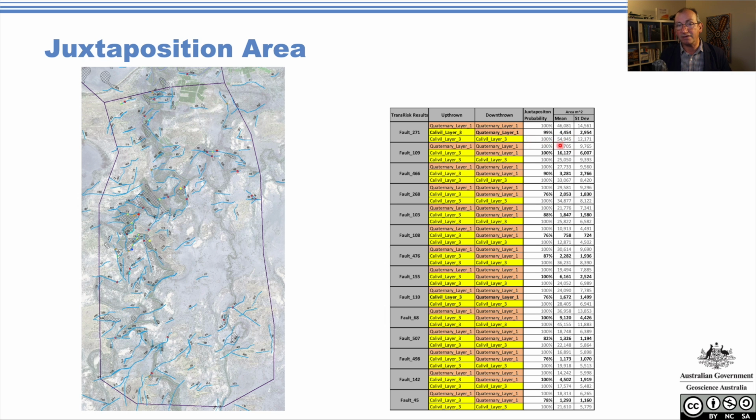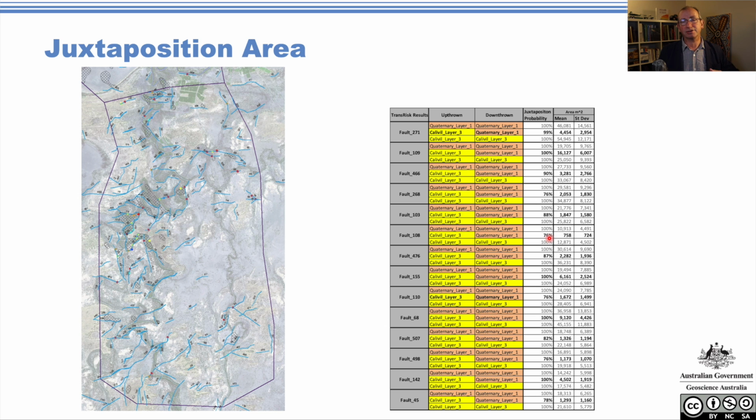And the Calaveral is 54,000 square meters. So it's important to know about these windows. Also, these windows aren't always there. For this fault here, there's only a 75% chance of having a window. So there's uncertainty about the displacement, uncertainty on the thickness, and uncertainty about whether you're going to get that juxtaposition window. That's our area.